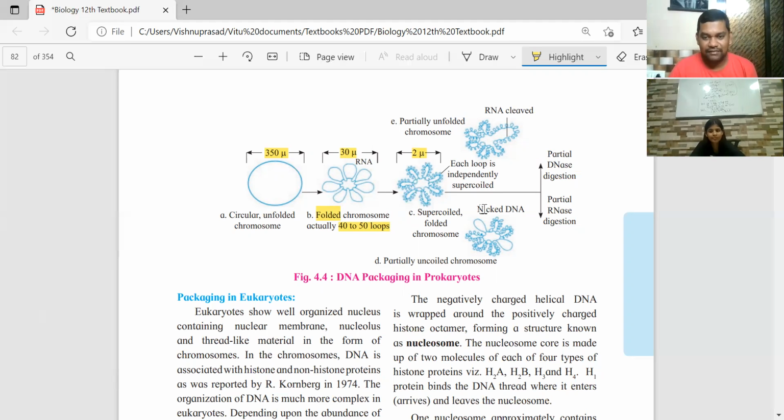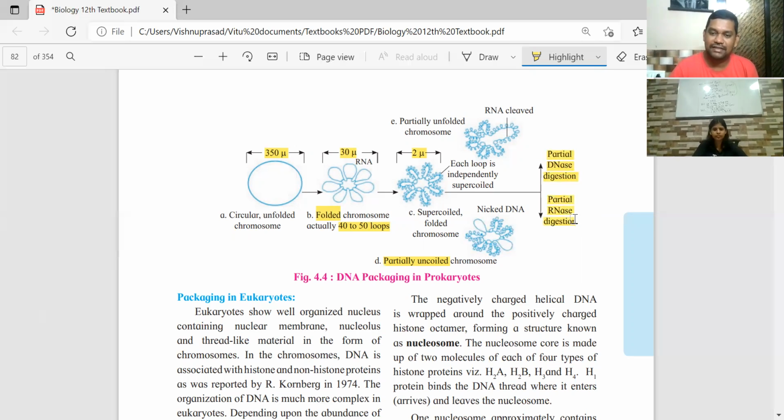Sometimes the coiling is partially uncoiled. You can see that the loops are formed everywhere else, but at some places the DNA is open. Where it is open, partial DNA digestion or partial RNA digestion will take place.